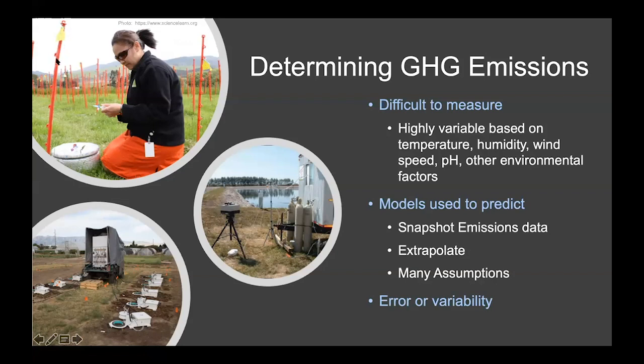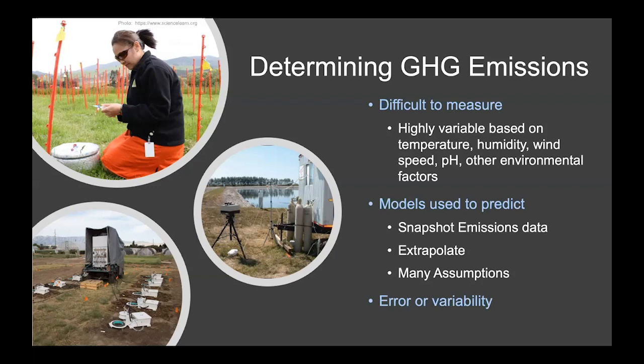They may put up little posts and have little traps to catch some of the gases. Again, you can do that for a small segment, but we really can't go across the whole world and say, this is exactly how much is being emitted. So they take small snapshots in time, gather data, and then put it into models to try to estimate how much is being lost.